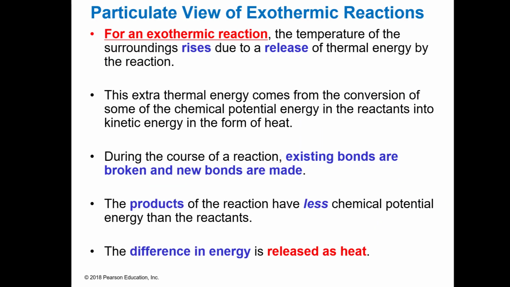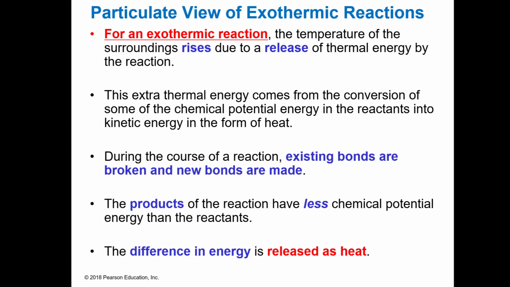So from a particulate standpoint, the temperature of the surroundings rises because you're releasing thermal energy. Okay, so the energy that you were storing in those chemical bonds is being released into the surroundings and causes a rise in temperature.